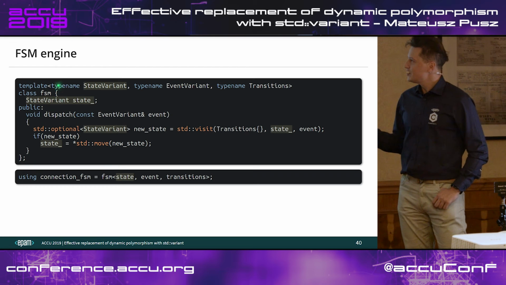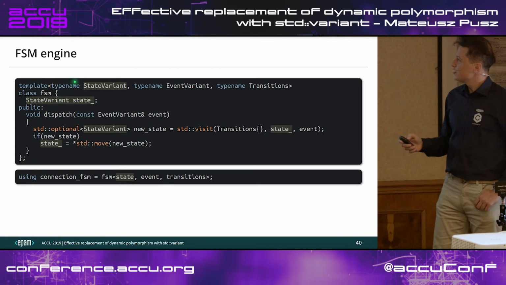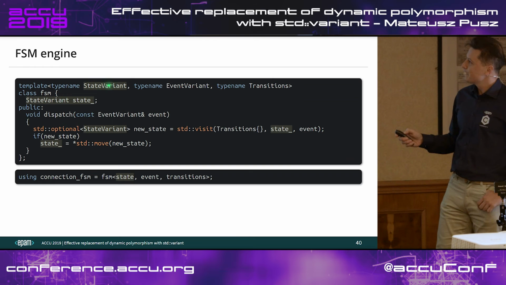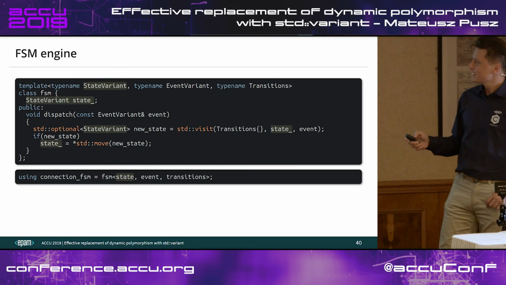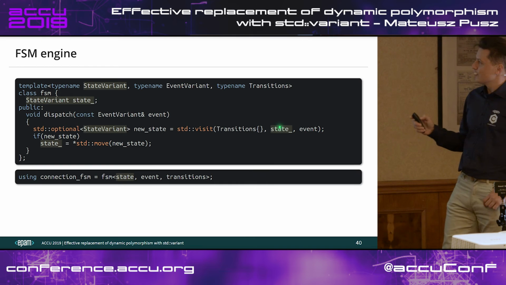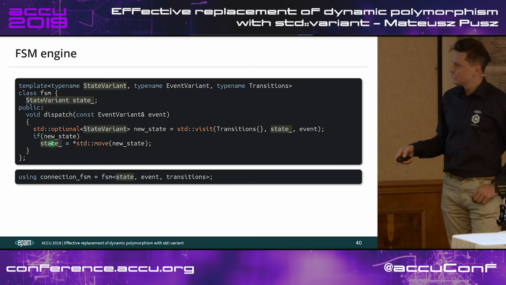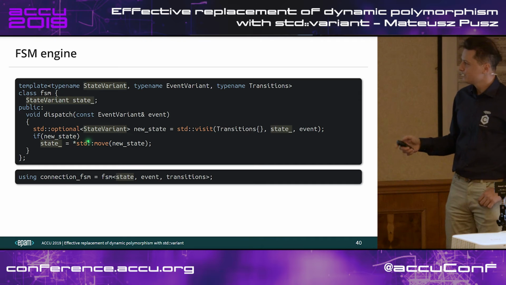Such an engine can be implemented this way: you will have the state variant as a template parameter, and you store the variant here, not a pointer to a base class. And you provide here optional state variant as the return type, and you provide state for visitor dispatching. And also assign a new state if this is not nullopt.